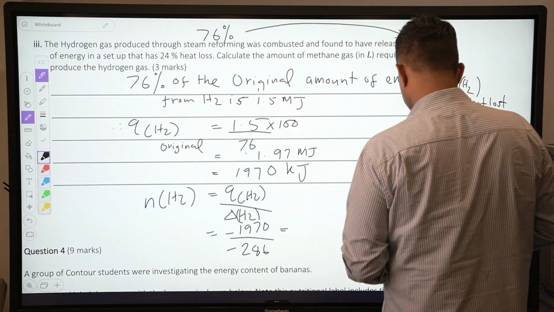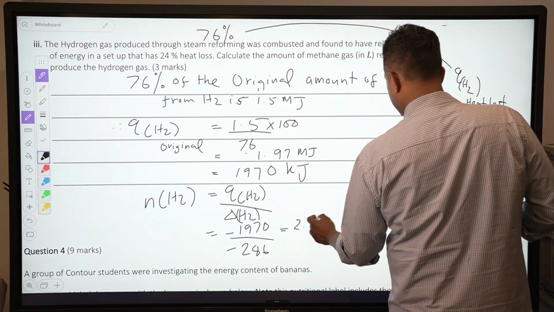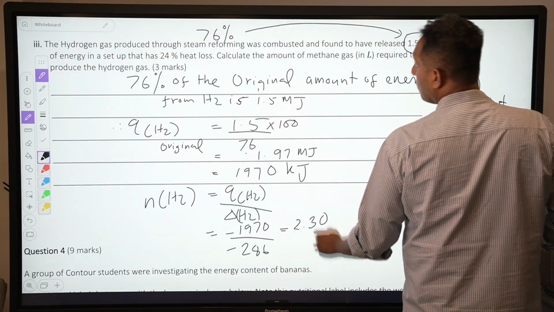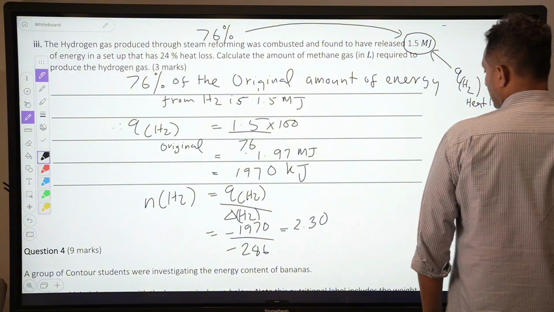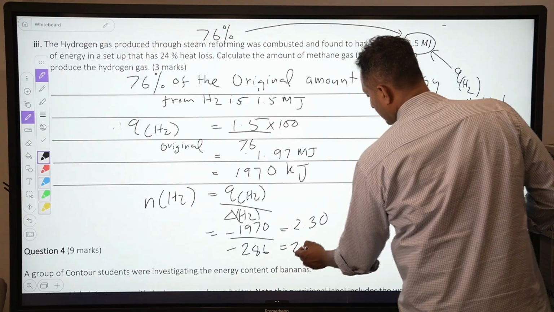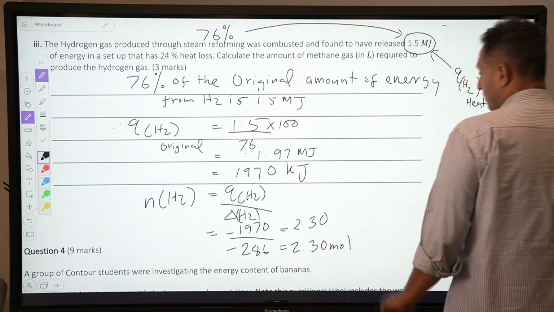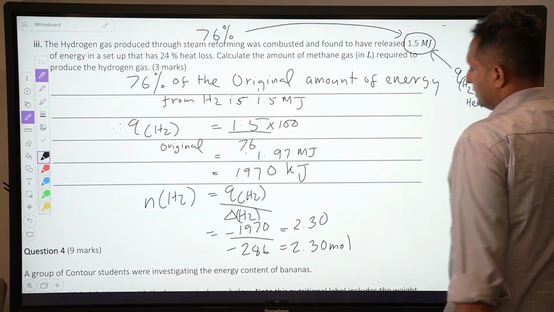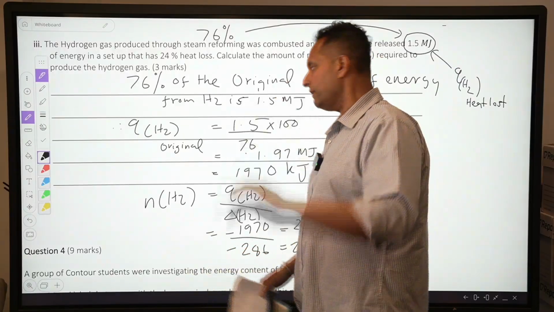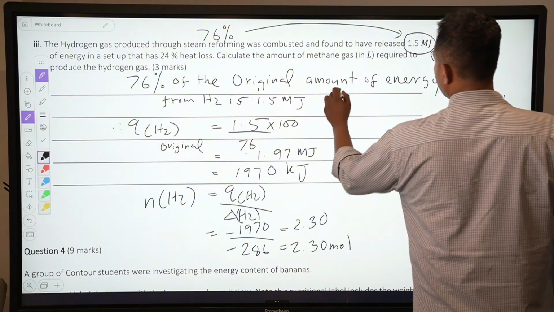What's the number of moles? 2.30 moles. So two significant figures, 2.3 moles, 2.0 moles, because even though this is two significant figures, whatever the answers that you get in between, make it for three significant figures. So that is 2.30 moles of hydrogen.